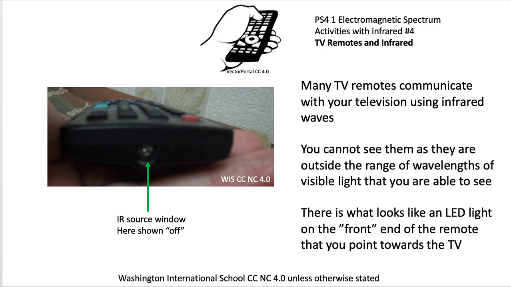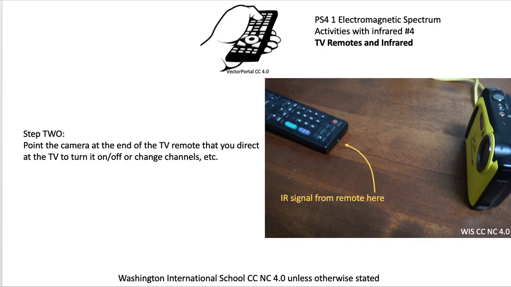So first thing is, you're going to communicate with your remote, not with the television, but with the camera, and you're going to look at the little LCD light, what looks like an LED light at the front end of your remote. And you're going to set it up so that your camera is pointed at the working end where that little light is for the infrared source.